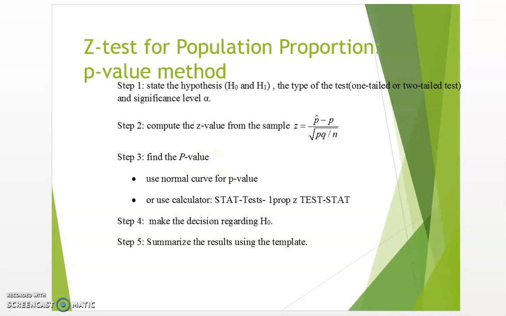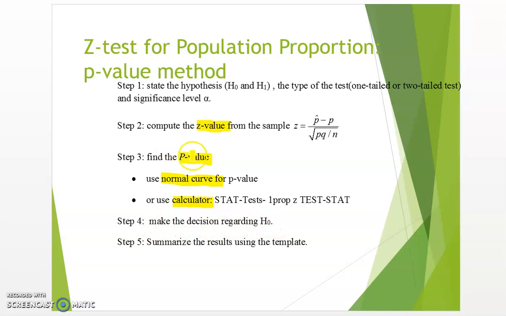Now, since we are using the z value for the test stat, the p-value could be obtained either by using the normal curve or using a calculator function. You can do either one of those during the test, but you need to know how to do these manually, especially using the normal curve for the p-value. Step 4, once you get the p-value, we can make the decision regarding the null.